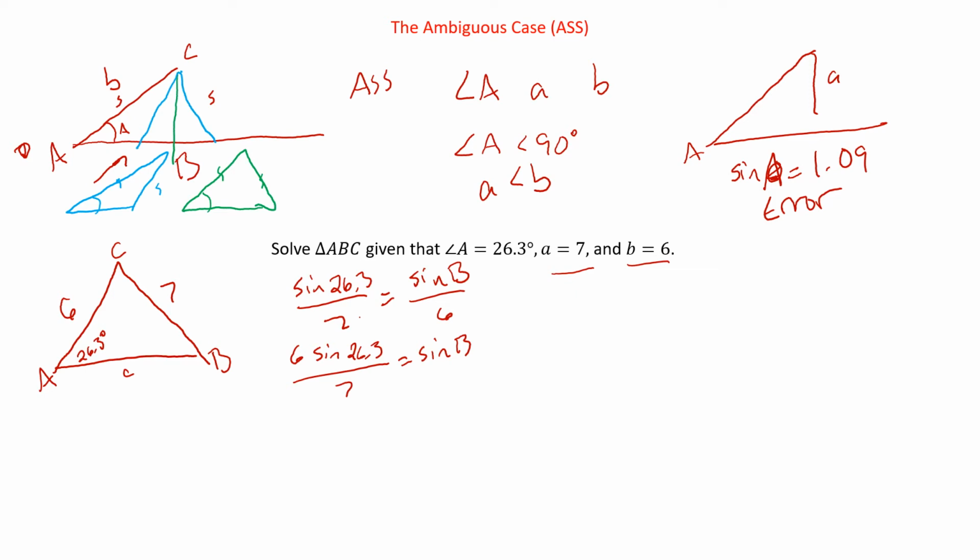Sine of 26.3 is 0.44 times 6 divided by 7. Gives us about 0.3797. So I'm going to write 0.38 equals sine B. Now, I'm not going to use 0.38. I'm going to use the number in the calculator. And we have to do inverse sine.